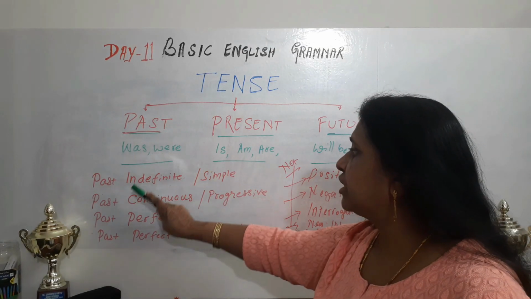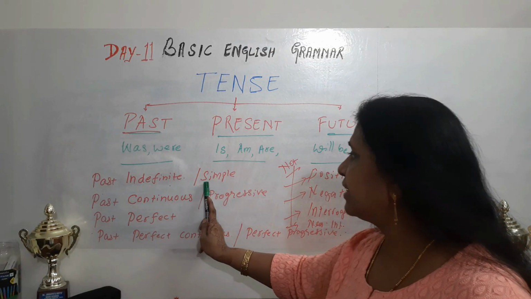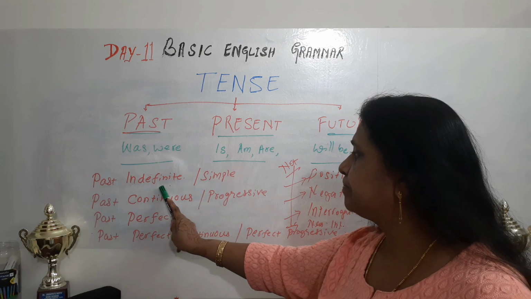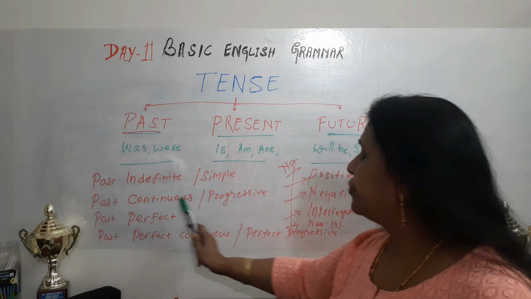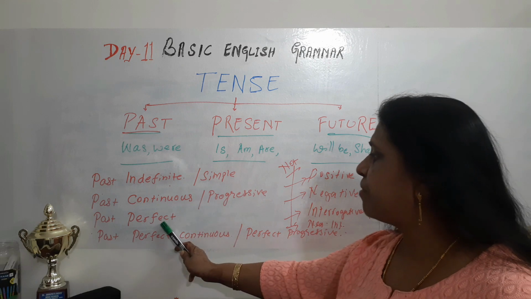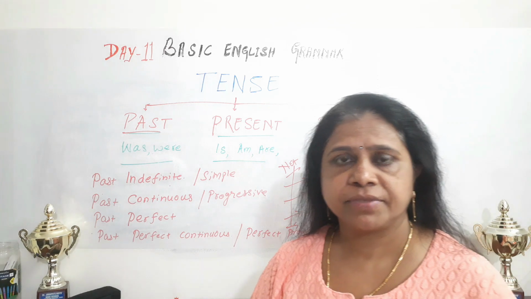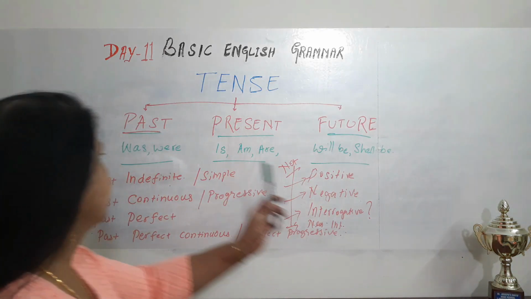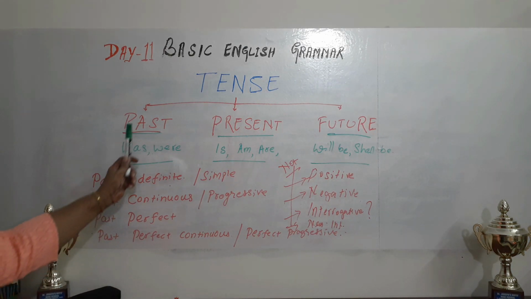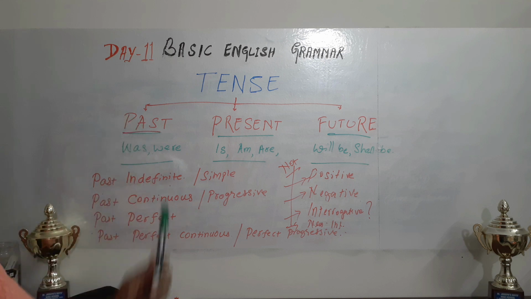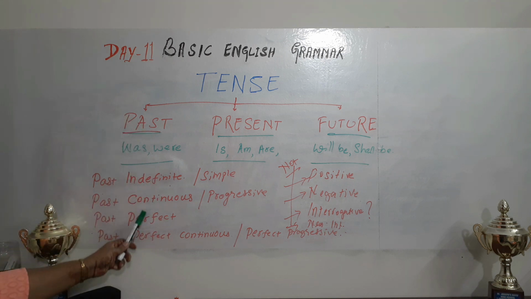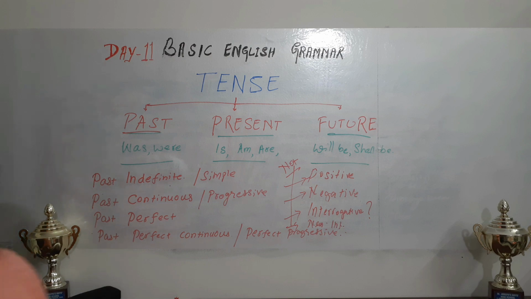And in past tense, we can see the indefinite or simple tense, continuous or progressive tense, perfect tense and perfect continuous tense. Dear friends, in each type we have these four types of tenses.